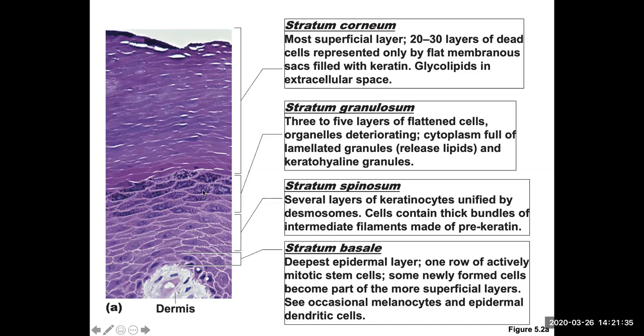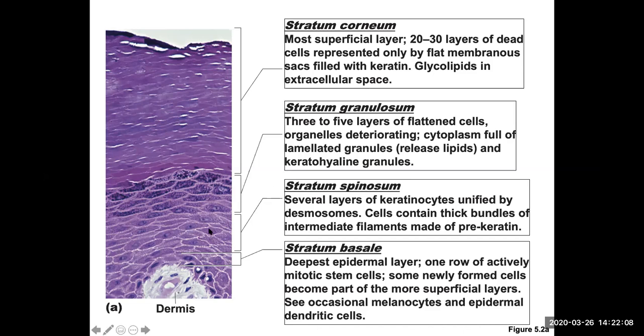So the stratum granulosum is just deep to the stratum corneum in thin skin, and just deep to the stratum granulosum is the stratum spinosum, which is also known as the spiny layer. It's kind of hard to tell here, but these cells have little spiky arms, so they look spiny and spiky.